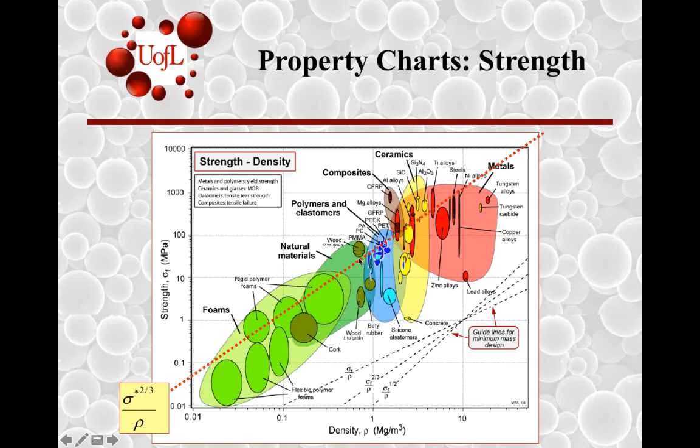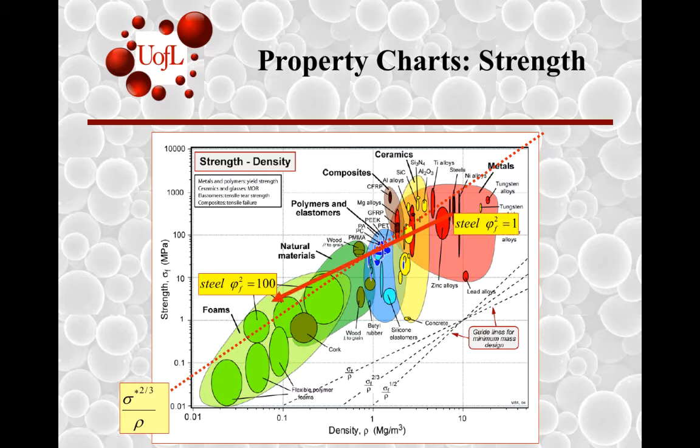So slope is 1.5 actually, when the index is 2 over 3. So in a situation such as here, the materials below this line would be eliminated from consideration. The materials above this line would be in the running. So most steels would be eliminated from consideration.